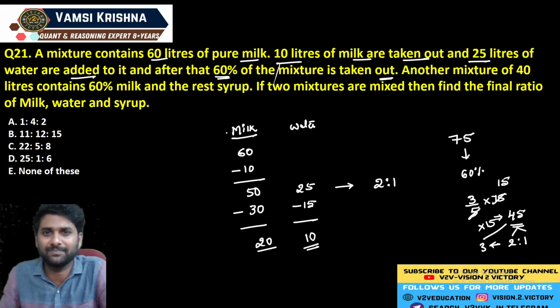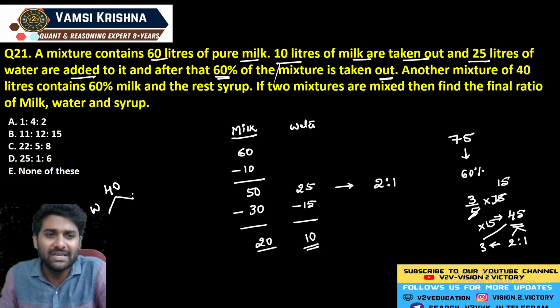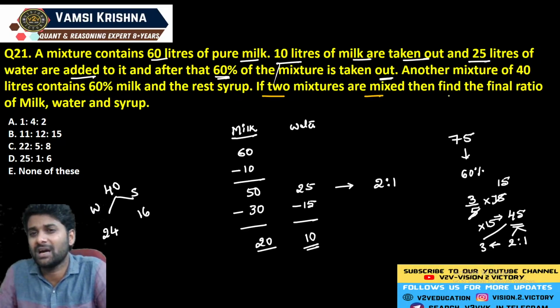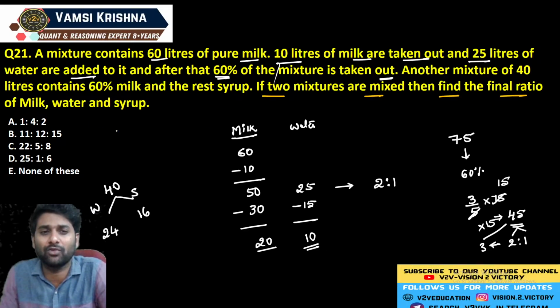So we have this data. Now the next information: another mixer containing 40 liters, out of which 60 percent is milk and the rest is syrup. So 60 percent of 40 is 24 liters, and 16 liters is syrup. Now the question: if the two mixers are mixed, find the total ratio of milk, water and syrup.